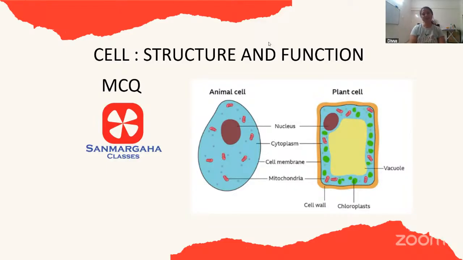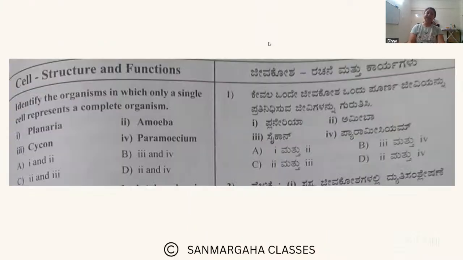So these are some of the things that we are recalling from the previous class. The best cell to study animal cell is our cheek cells, and the best cell to study the plant cell is the onion cell. Okay, yes. So coming to the next slide, that is the first question here.